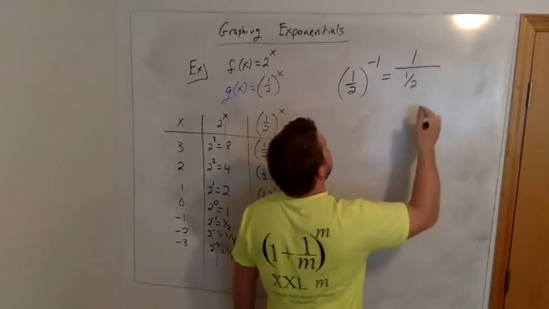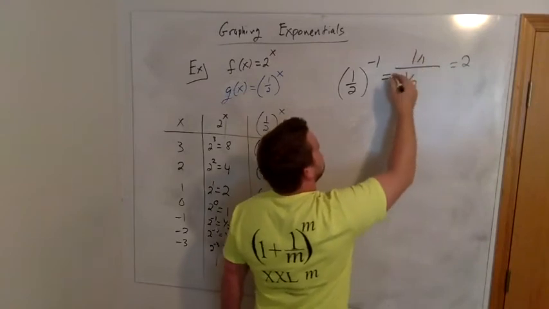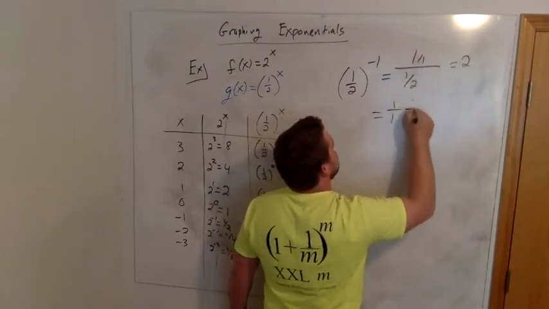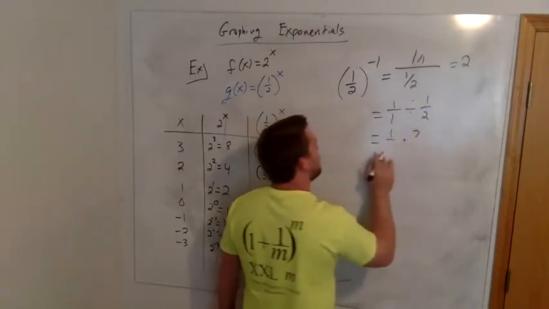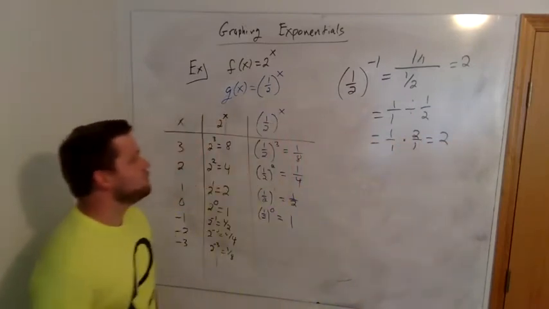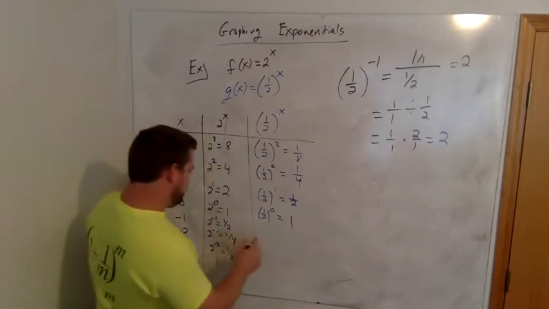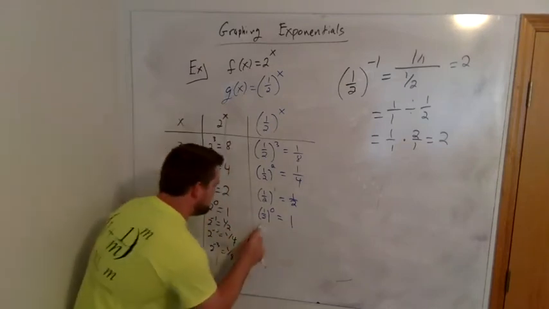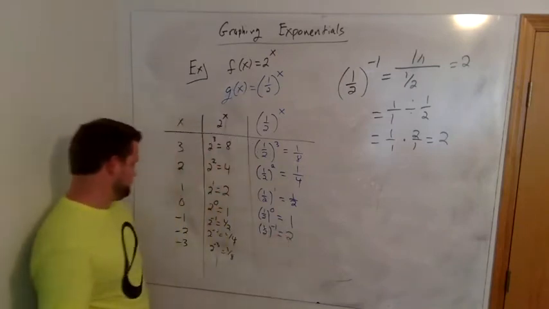I hope you believe that 2 halves make a whole, so this is just 2. Or if you want to think about this as 1/1 divided by 1/2, remember how we divide fractions? So this is 1/1 times 2/1, so this is 2. So either way you want to think about it. Okay, so we have that 1/2 to the -1st power is 2.